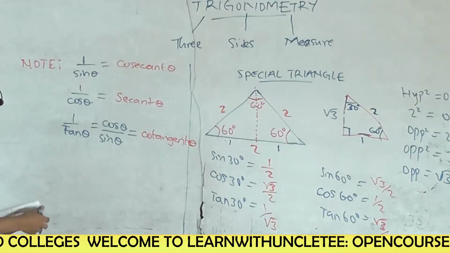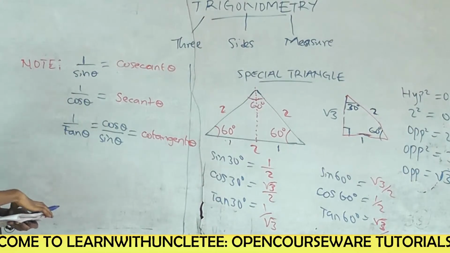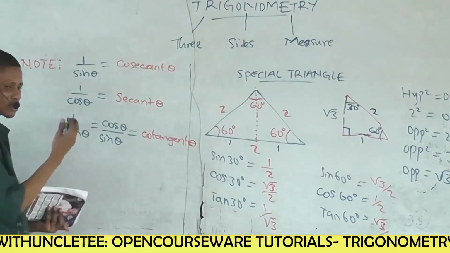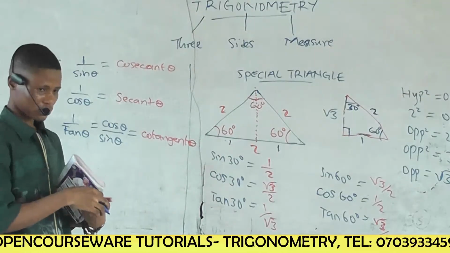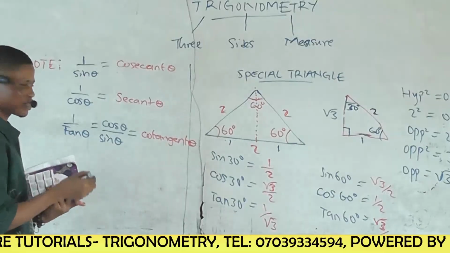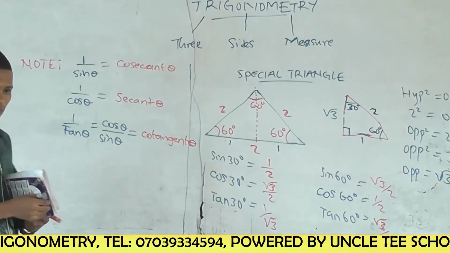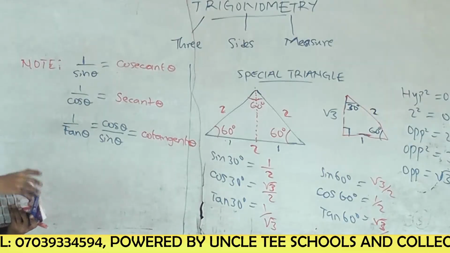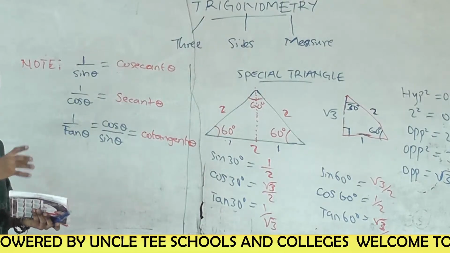Now, I want you to note this. The reciprocal of sine theta is cosec theta or cosecant theta, but we don't usually name it fully when talking about it. So you can just say cosec theta. Then 1 over cos theta is sec theta. Then 1 over tan theta, that is the reciprocal of tan theta, will be cos theta over sine theta.